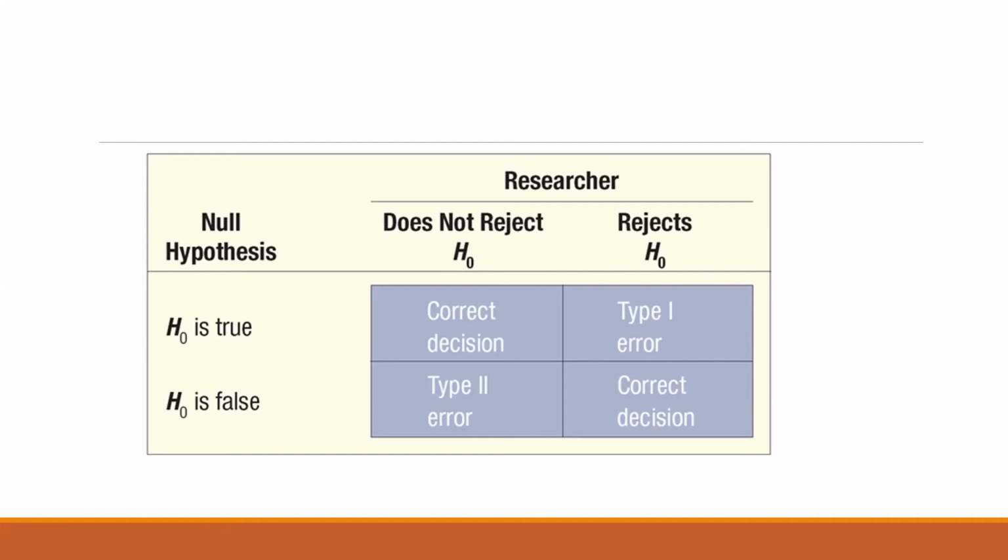In the whole trial process, we have this philosophy saying that innocent until proven guilty. We always assume everyone's innocent, then we try to prove this person guilty. We look for evidence to prove this person guilty.